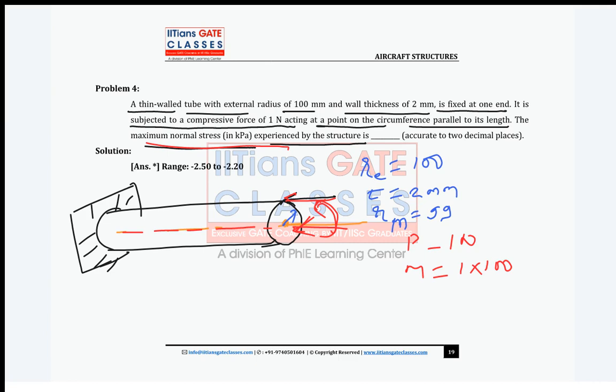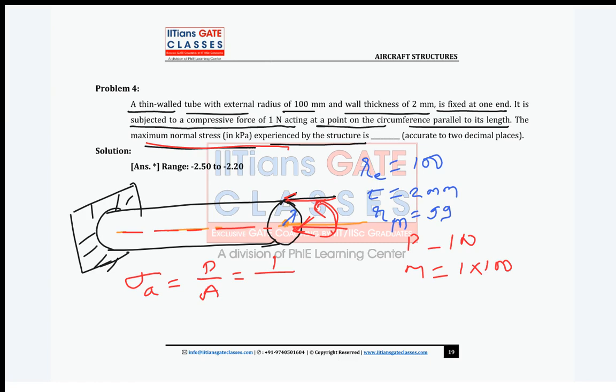Now guys, in this case, there are two kinds of normal stresses. One will be sigma axial, which will be P by A. Right guys? Is it compressive or tensile? What is the P? It is 1.